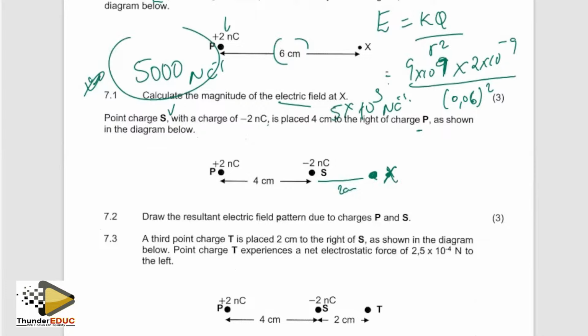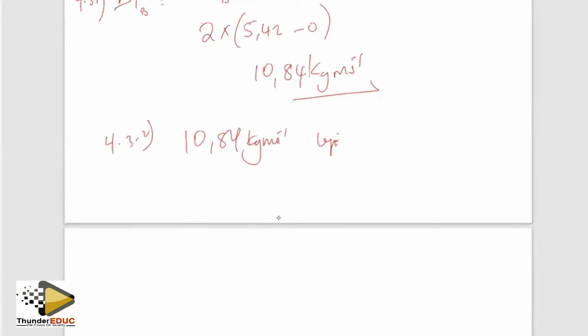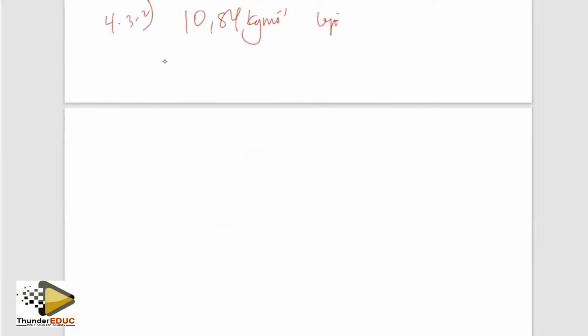Then they want us to draw the resultant electric field pattern due to P and S. So we know that P is positive, S is negative. If we have opposite charges, what happens? There's going to be attraction, whereby the field lines must be moving from the positive to the negative.